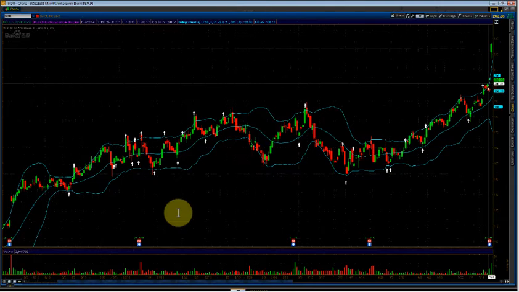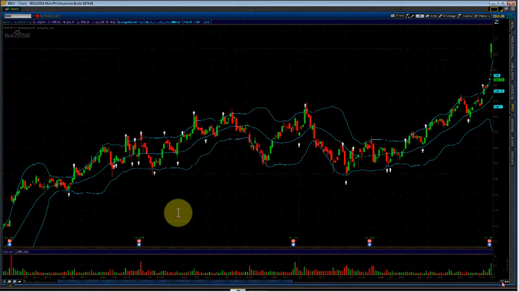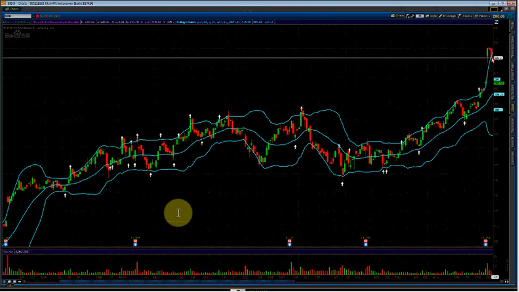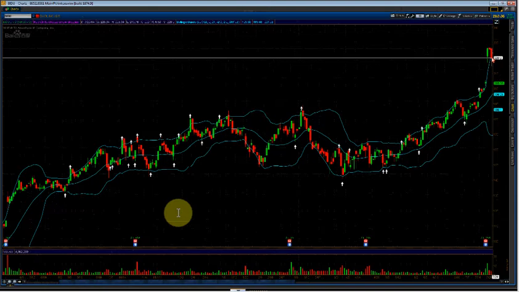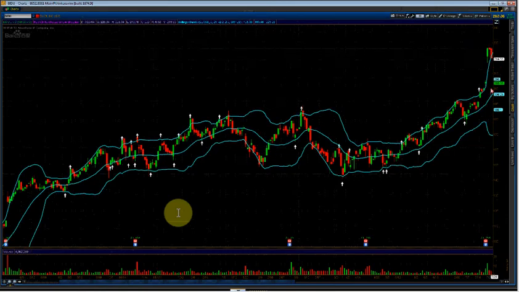So if for some reason I did decide to take that and was using my Bollinger Bands, would I stop out right here? And the reason being, it just fell below support now, right?